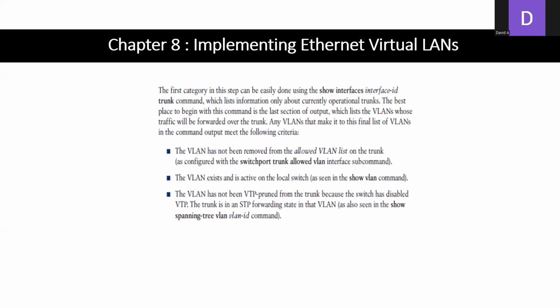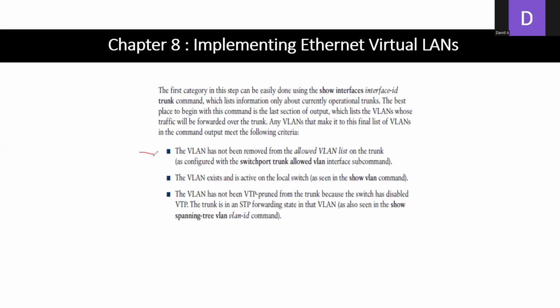So there are three things that you need to understand about a supported VLAN list or an allowed VLAN list. Whenever we do a show interface trunk, a couple of things we need to consider. First, the VLAN has not been removed from the allowed VLAN list on the trunk. So let's say we see a VLAN on the show interface trunk command for a trunk that we have, and maybe we're like, hey, why is VLAN 7 on this trunk?